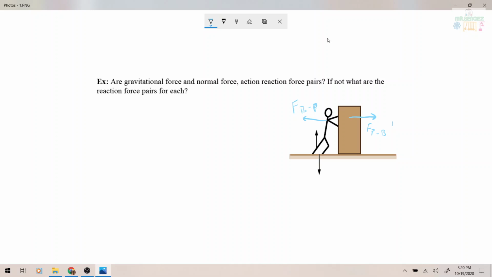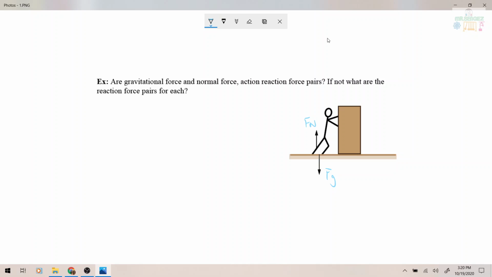Now, when we look at the gravitational force and the normal force acting on the person, this is Fg and this is Fn, and the question is, are Fn and Fg action-reaction force pairs?